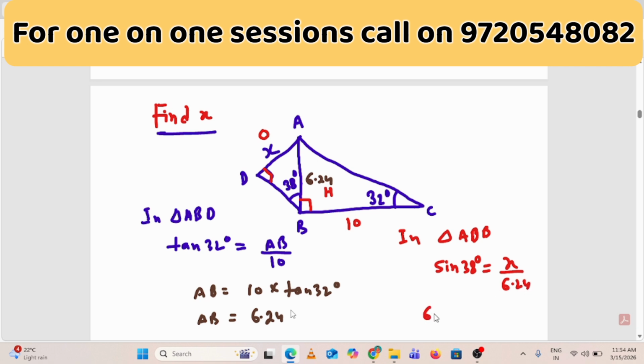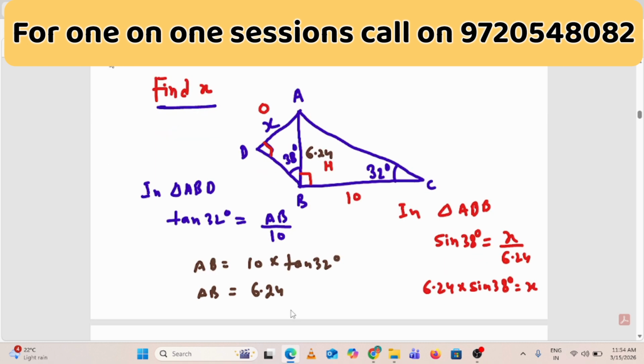Understood? So 6.24 times sine 38 degree will give you the answer. Find it. One second. 6.24 times sine 38. Yes. 3.84. Good job.